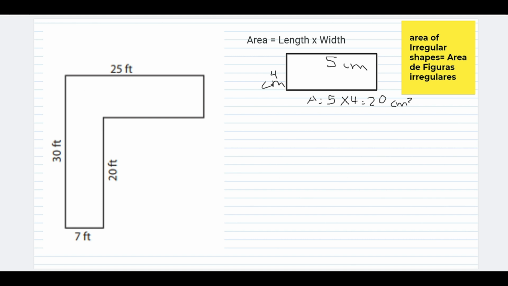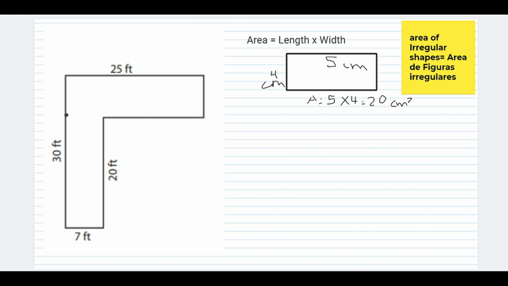But what happens when we have a shape like this? We also apply the same rule. The first thing we have to do is figure out how to cut this shape in a way that we can have two rectangles out of it, and then we can calculate the area.